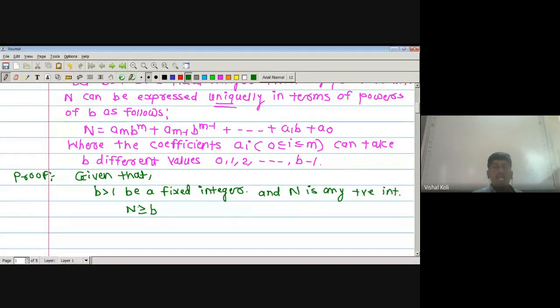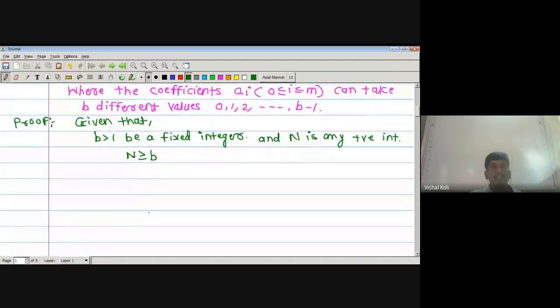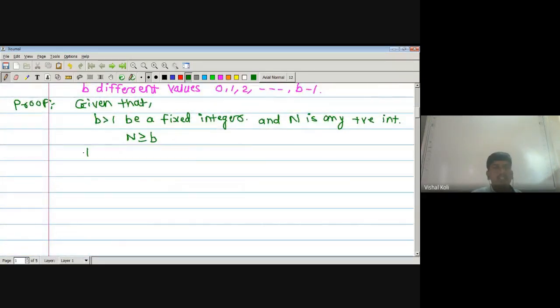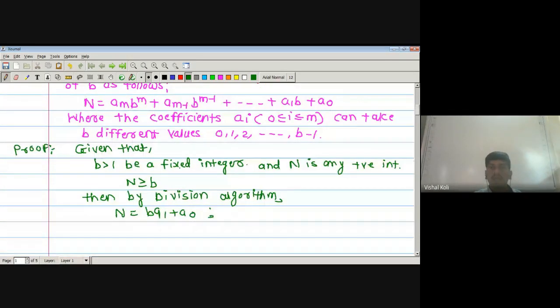Now as here we get two integers n and b such that n is greater or equal to b, then we can easily apply here the division algorithm. Then by division algorithm, as n is greater or equal to b, we have to express n as a multiple of b plus some remainder, as each ai takes the values from 0 to b minus 1.